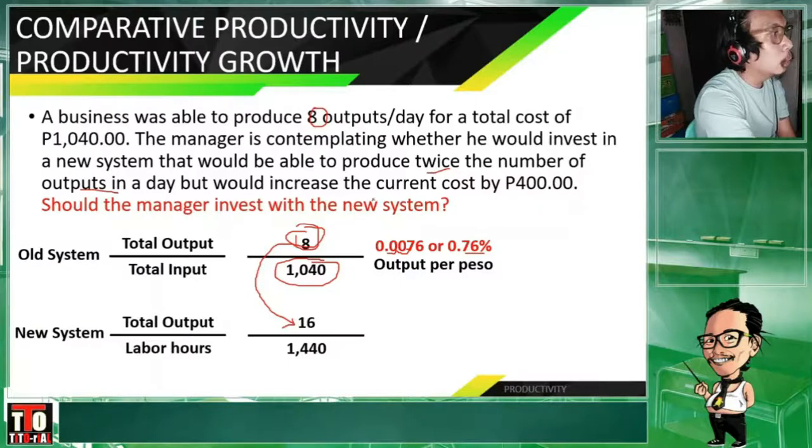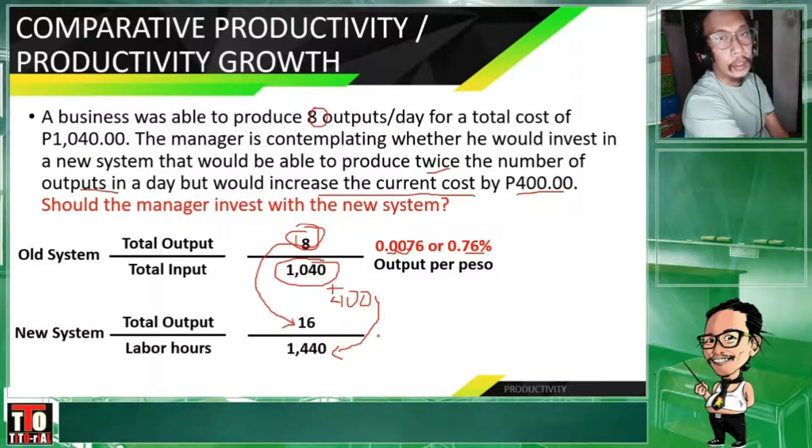And then, would increase the current cost by 400. So, you have 1,040 plus 400. You would have 1,440. So, dumoble yung output niya, pero nag-increase yung cost.